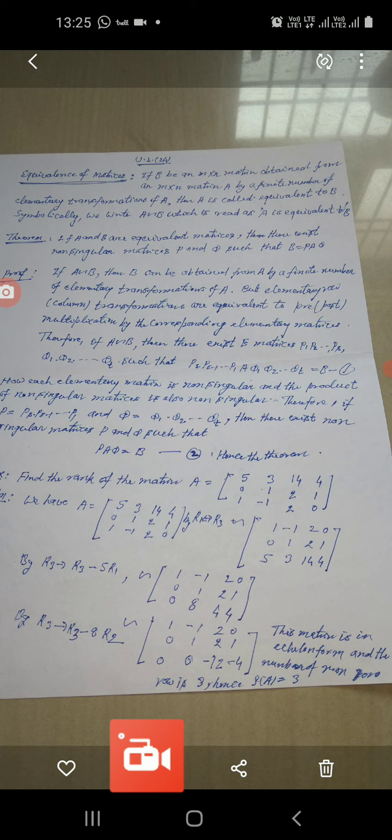Now we have to make the R3 first element 0, so we have R3 minus 5 R1. Then in the first row 1 minus 1 2 0, in the second row 0 1 2 1, and in the third row 0 8 4 4.